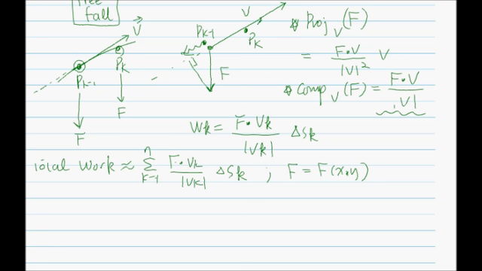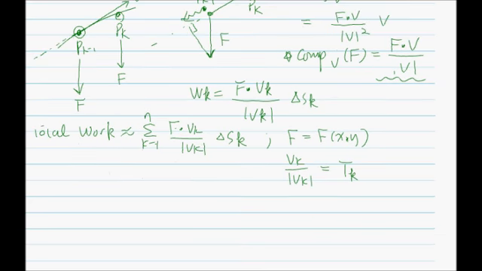But because of this absolute value of v_k, it actually turns nicely into something that does not depend on the parameterization. This v_k is a tangent vector, and if you divide it by its own length, it's going to be a unit tangent vector, denoted by T_k. And this one doesn't depend on parameterization. It does depend on the orientation. So as long as we have this orientation, this one is a function of x, y, completely determined.